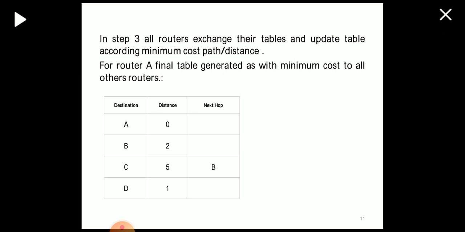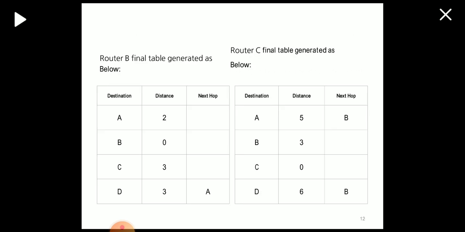For router A, the final table generated with the minimum distance from A to C is 5 through router B. Now for router B, the minimum distance table is maintained from B to D, with weight 3 through router A. Now for router C, the final table generated, we consider the minimum path C to A having the weight 5 through router B, and from C to D, we consider the minimum path, that is 6, through router B.